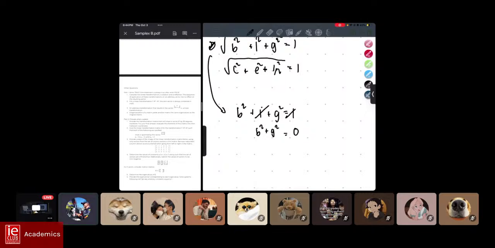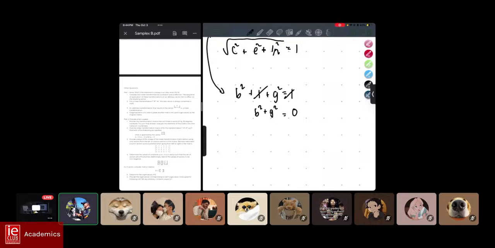So, ibig sabihin lang yan is, B and G have to be 0. Kasi, diba, isi-square mo siya, meaning the values are always positive. So even if you redistribute it to be like B squared and then negative G squared, it's impossible by contradiction if it's anything other than 0.